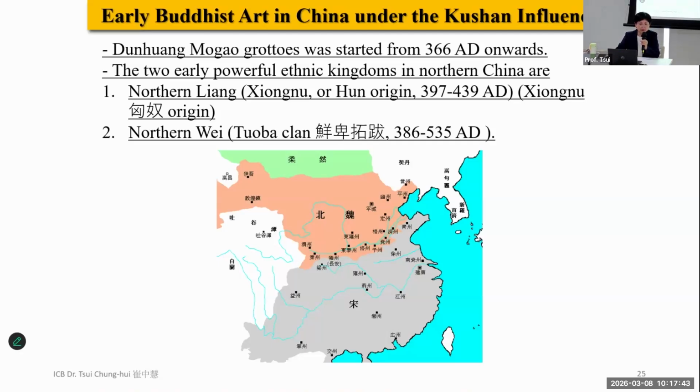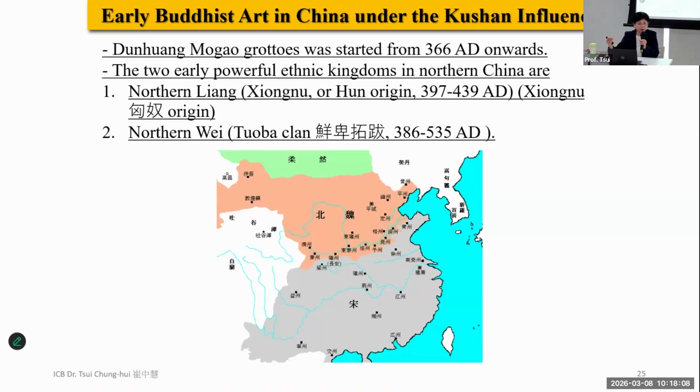We mentioned the Northern Liang. The Northern Liang were a very powerful ethnic minority people. They were very active in Gansu and the northwestern part of China. The Northern Liang were of Xiongnu origin.